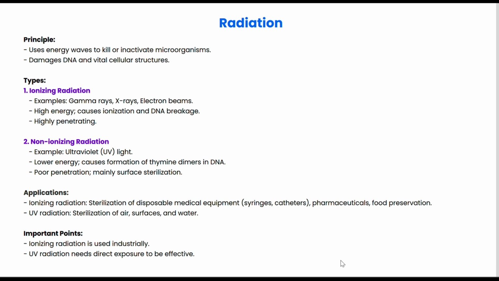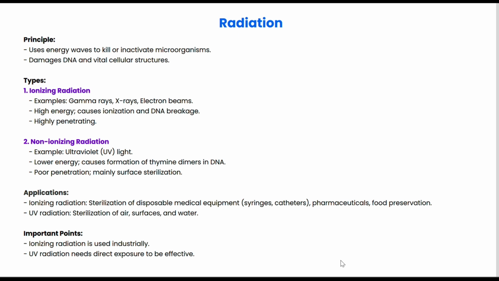These are high energy waves that cause ionization, meaning they break chemical bonds inside the microbial DNA and proteins, leading to irreversible damage. Ionizing radiation is highly penetrating, meaning it can pass through materials and sterilize even deep inside. Applications include sterilization of disposable medical supplies like syringes, catheters, surgical gloves, pharmaceutical sterilization, and also food preservation by eliminating pathogens and increasing the shelf life.